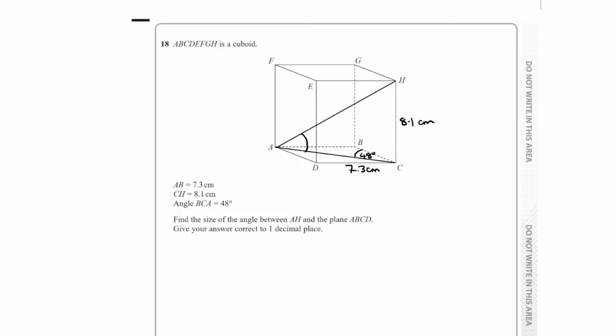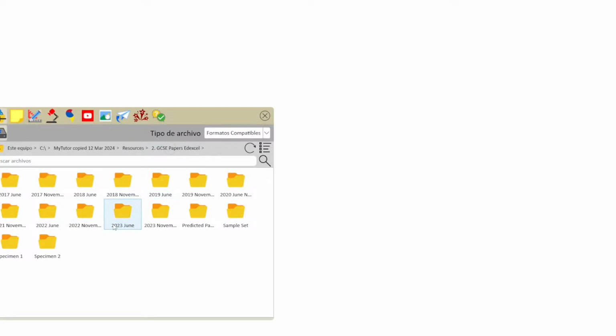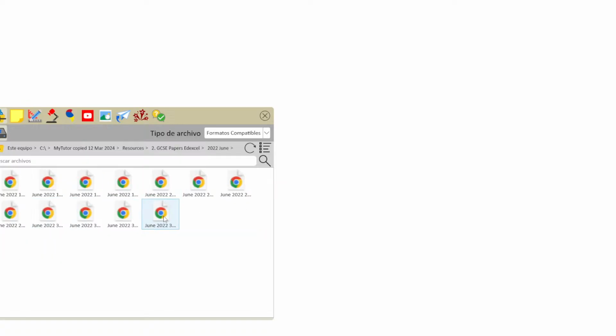Oh, is it this one? I think it's this one. Let me see if there's a June 2022 one as well. Let me just upload that so you can visualize a different shape. June 2022 paper 3. Question 18.